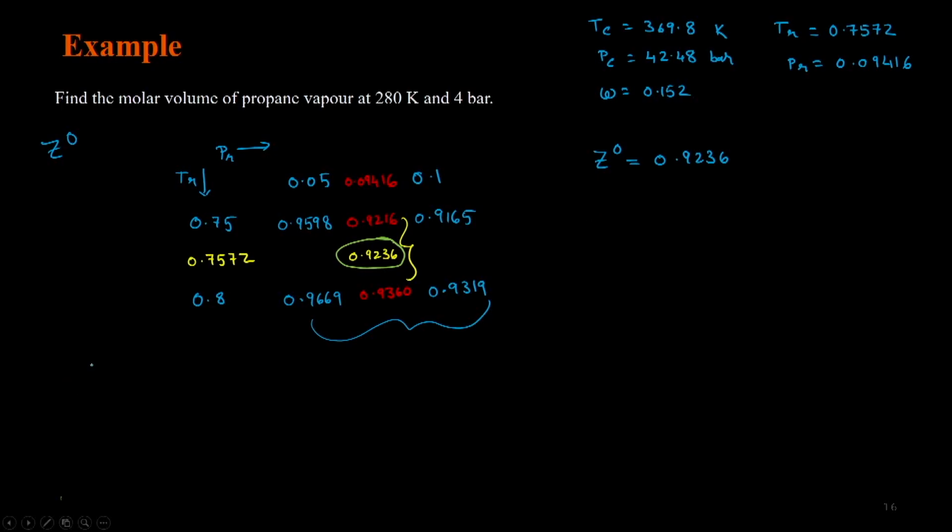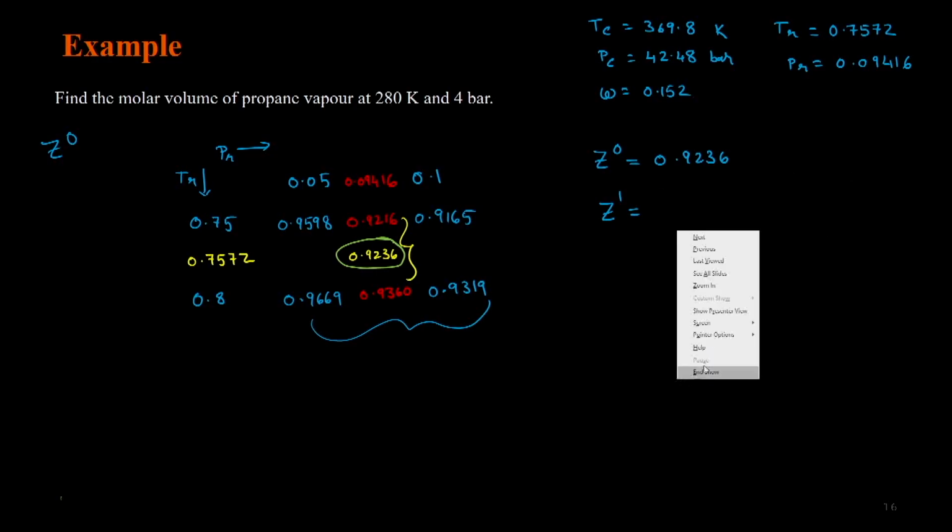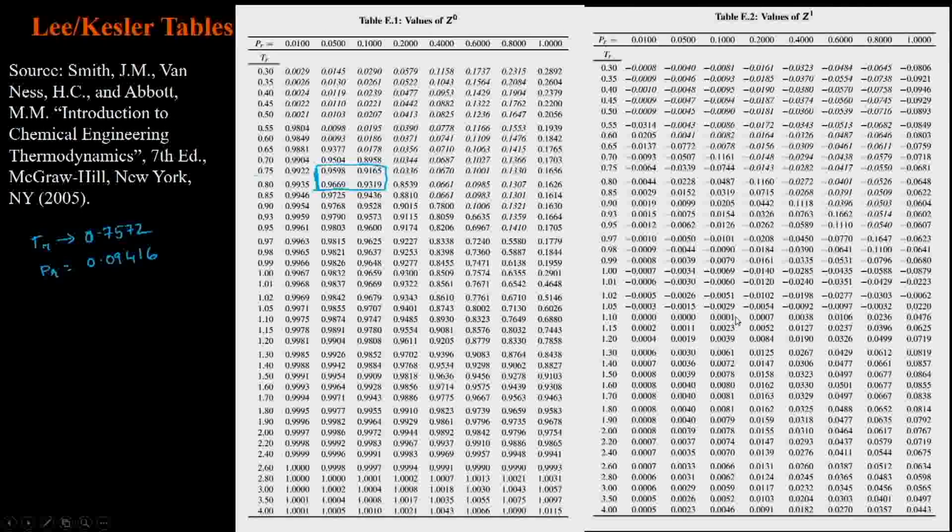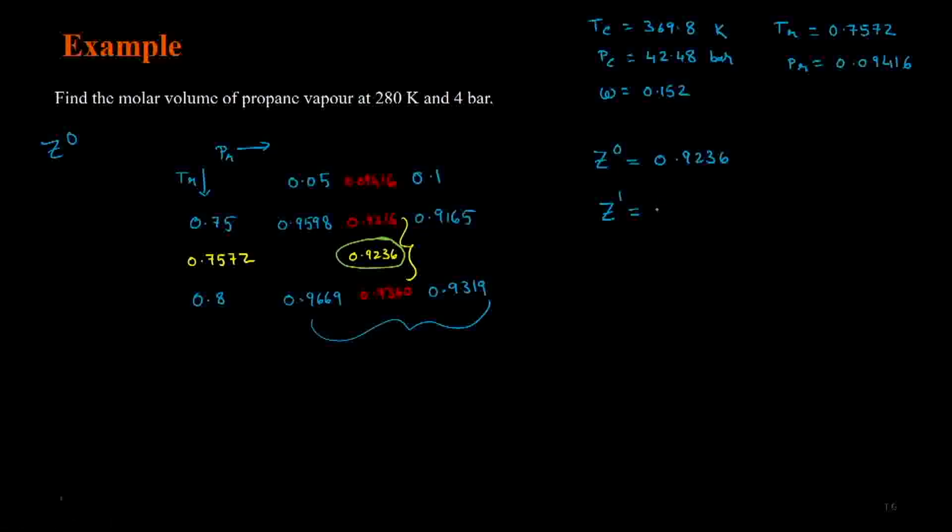Similarly, I can do a double linear interpolation for Z1 between the pressures that are in the table. If we go back to the table, for Z1, again, it's the same reduced temperatures and reduced pressures. So I'm looking at a double linear interpolation between these four quantities, and if I do the double linear interpolation for the desired reduced temperature and pressure, I get a value of negative 0.0662.